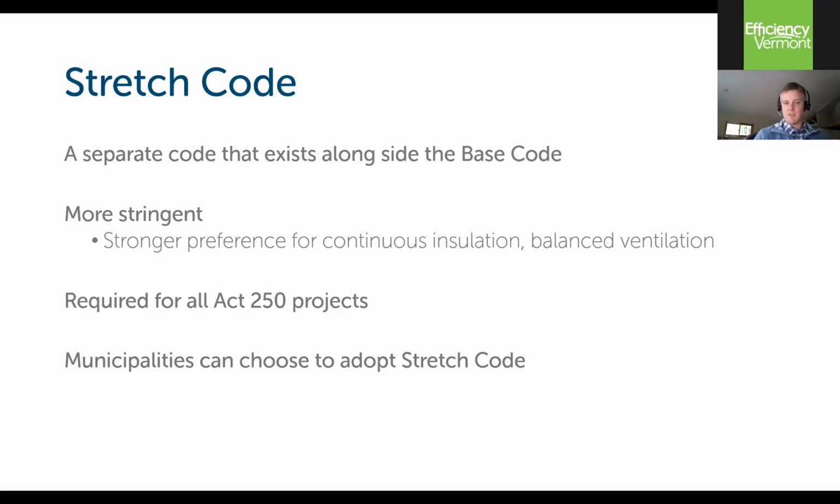So stretch code, as mentioned before, comes into play for any project that falls under the jurisdiction of Act 250. And then also municipalities, individual towns and municipalities can choose to adopt the stretch code as their local requirement. And because it's more stringent than the base code, the local requirement trumps the base code.